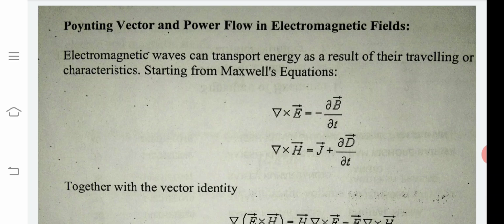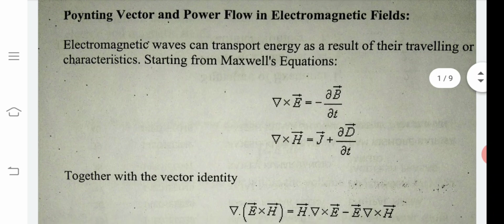Starting from Maxwell's equations, we know that ∇×E = −∂B/∂t, and ∇×H = J + ∂D/∂t.